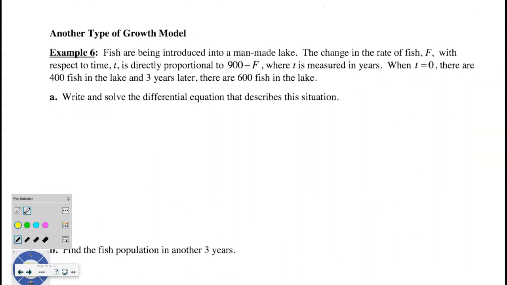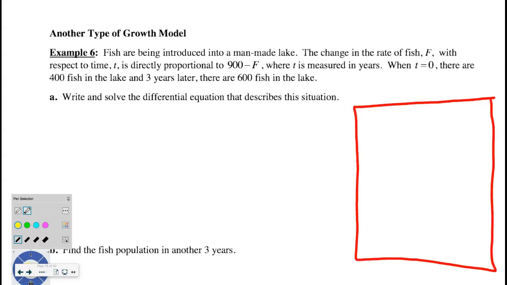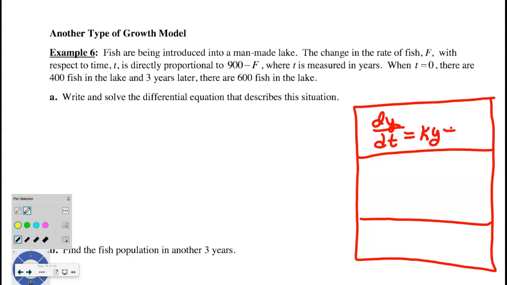So I want you off on the side here. When you're doing your worksheet, you're going to have 3 different kinds of growth models. The first one is when the rate of change of the quantity is directly proportional to the amount present. That's our basic one. That's the one that gets used the most.